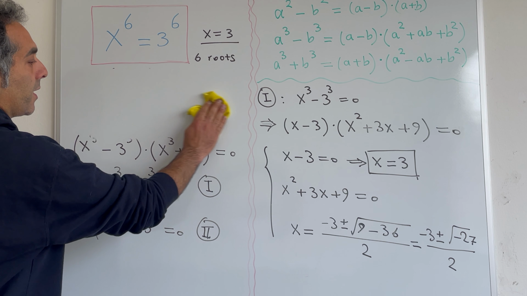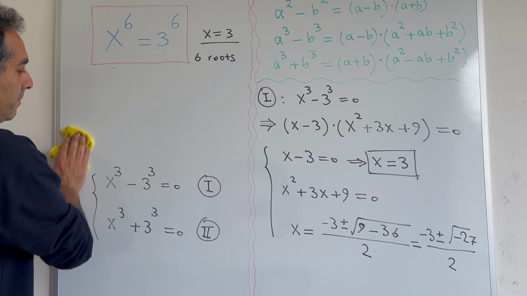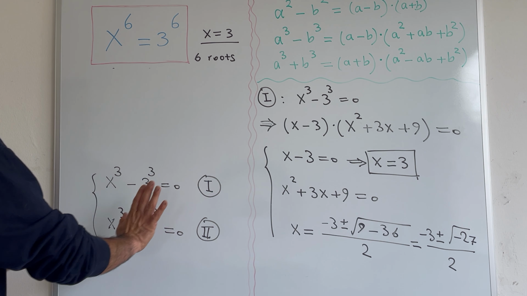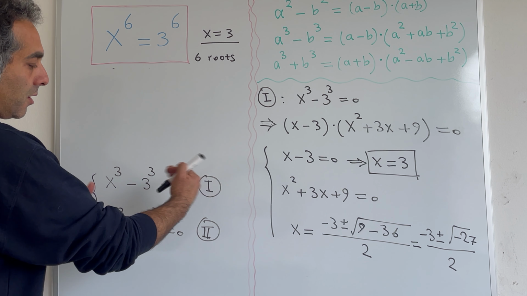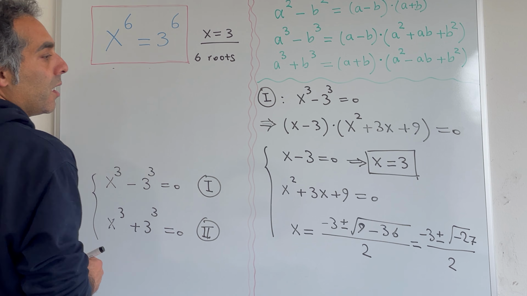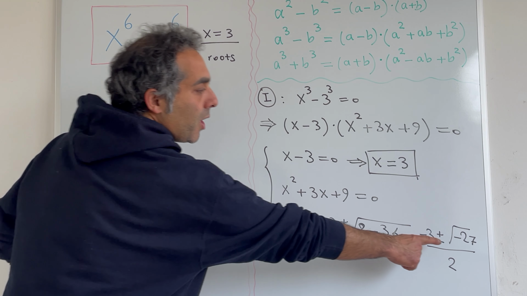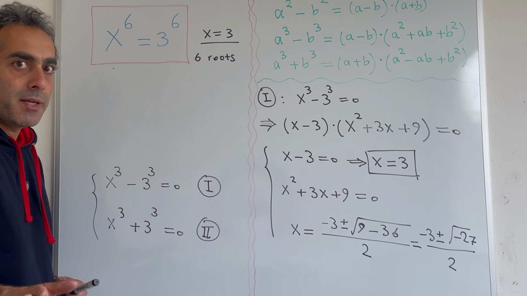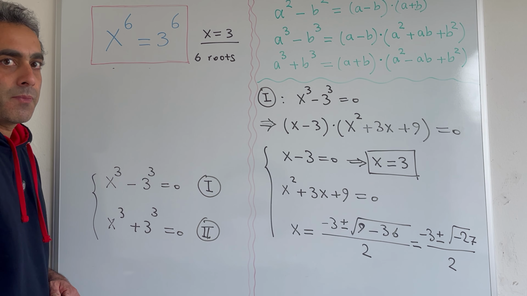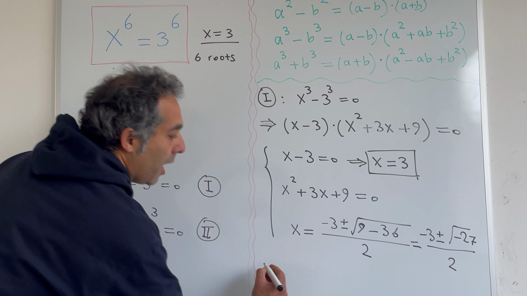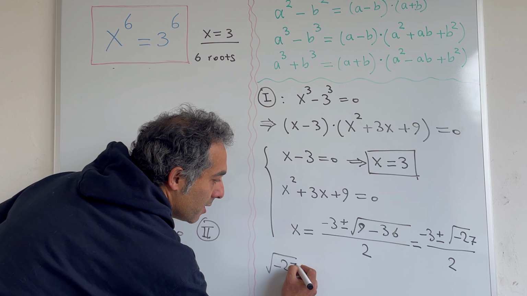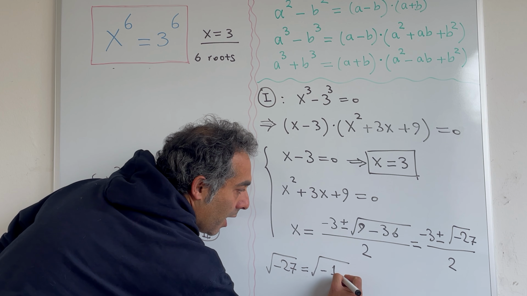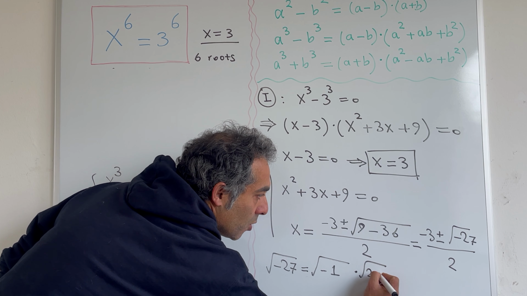Okay, to follow the other steps, I erase this one, and these 2 equations I just leave and come back to them. For this, you know from the square root, if it's negative inside, it's not real. So you can write it like minus 27, like minus 1 times 27.